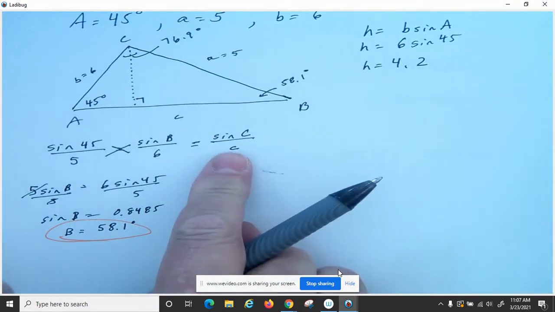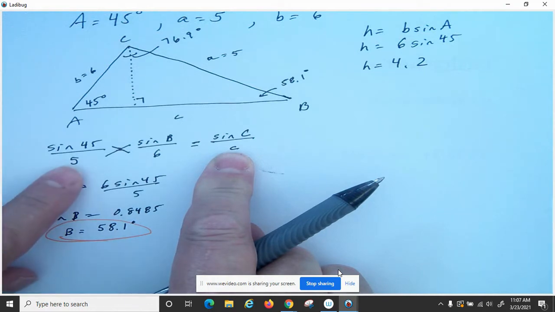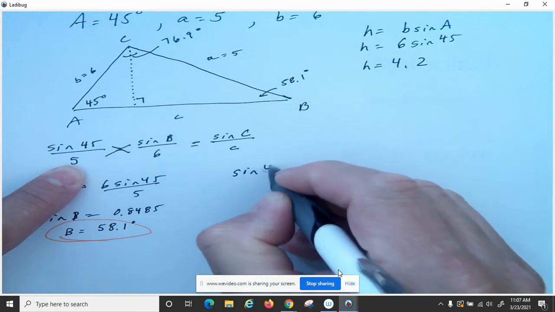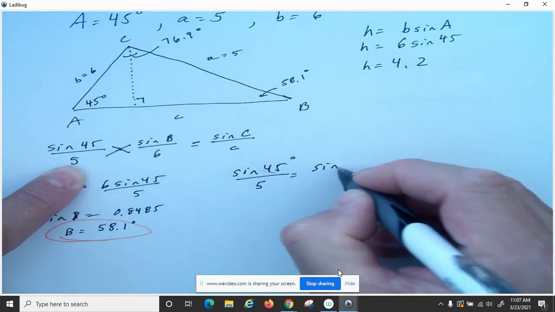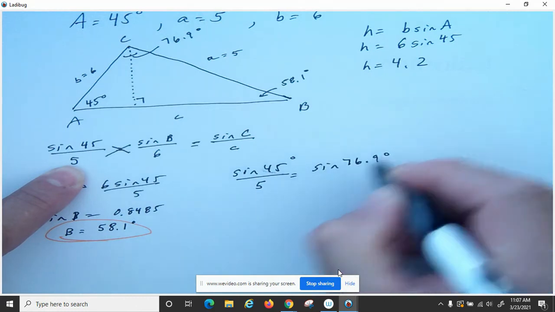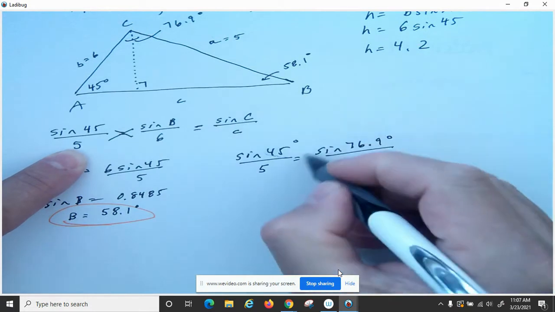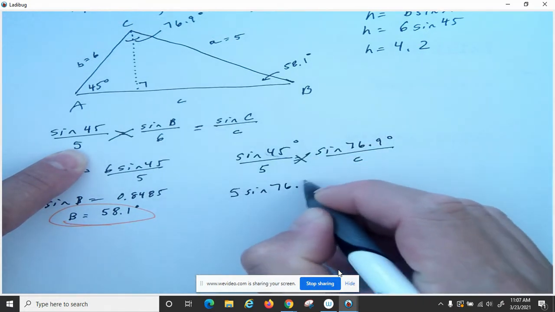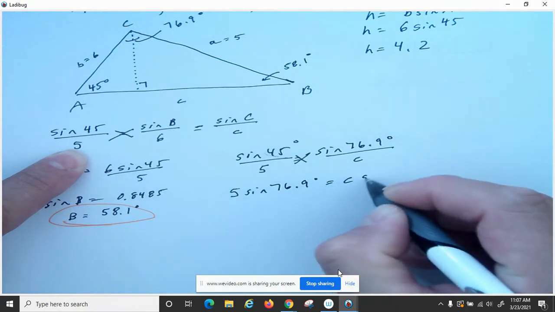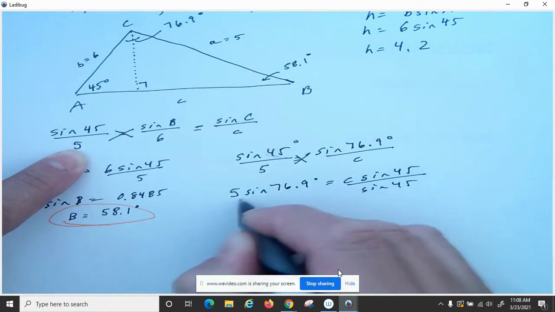And remember, I need to solve this ratio, but I'm going to use this ratio along with it. So the sine of 45 degrees over 5 is equal to the sine of 76.9 degrees over c. So I'm looking for side c. All right, again, just cross multiply. We'll divide by sine of 45.